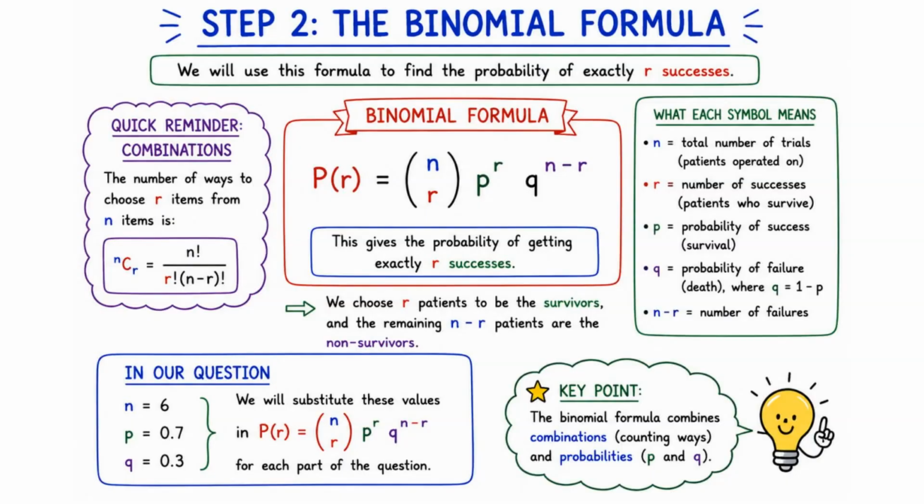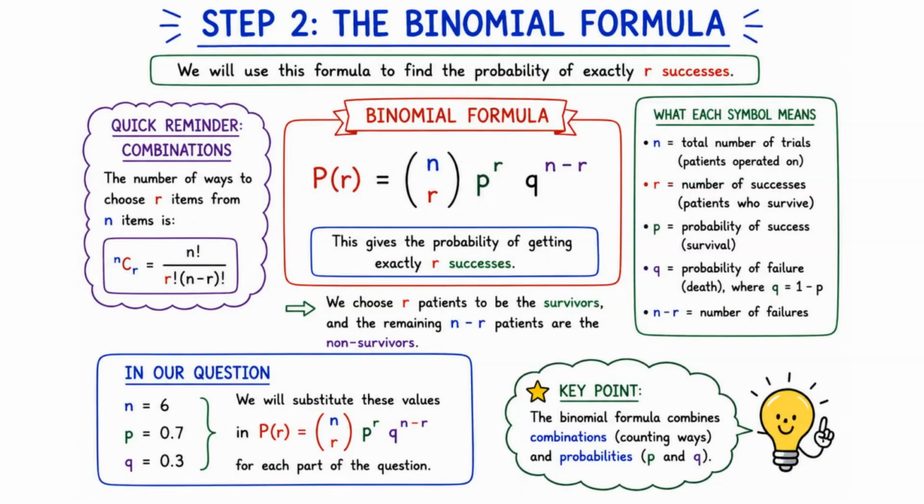Let's understand each part. P of R means the probability of obtaining exactly R successes. N is the total number of trials. In this question, the trials are the 6 patients.